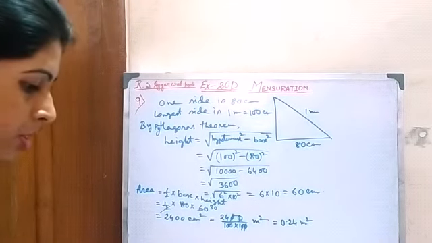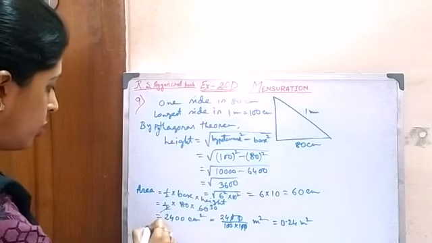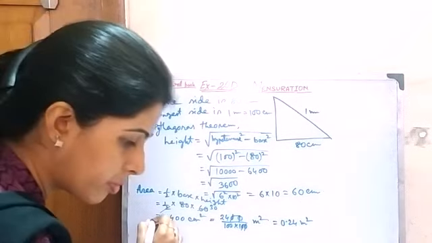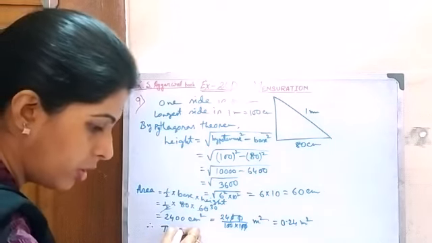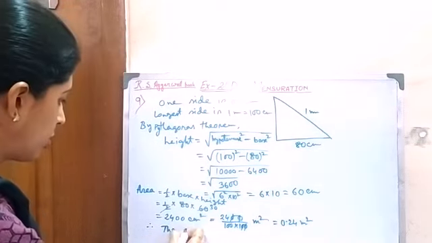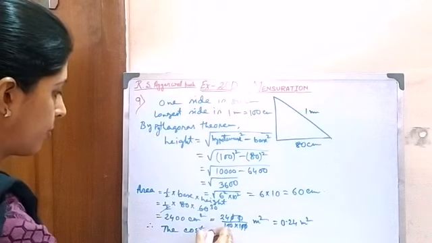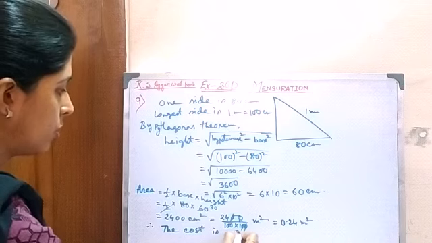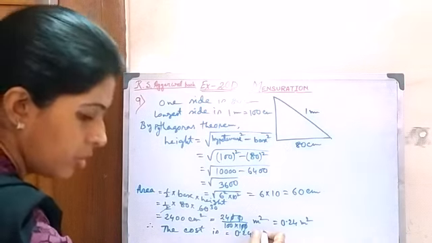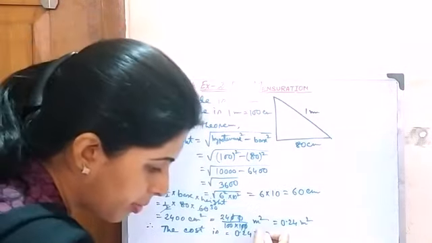Now we will calculate the cost. Therefore, the cost is equal to 0.24 into 250.